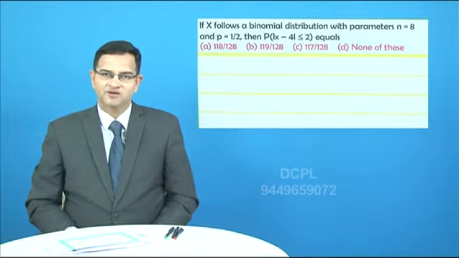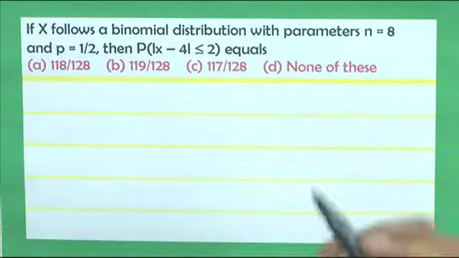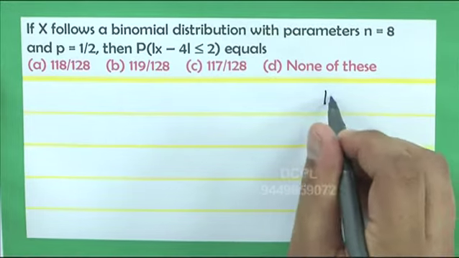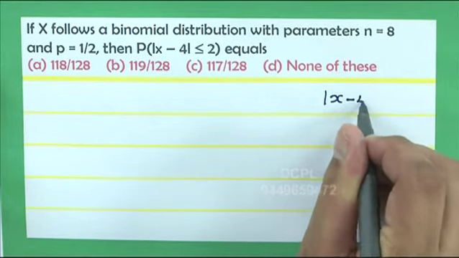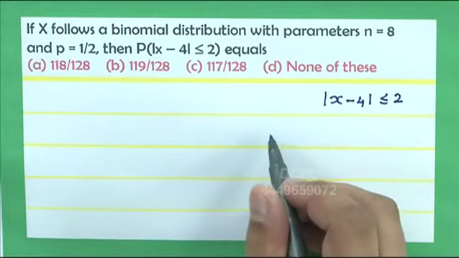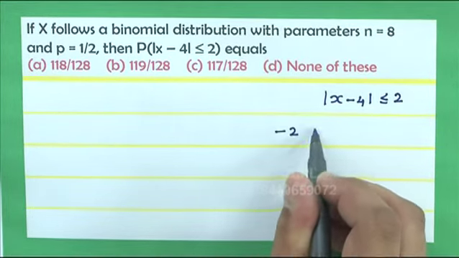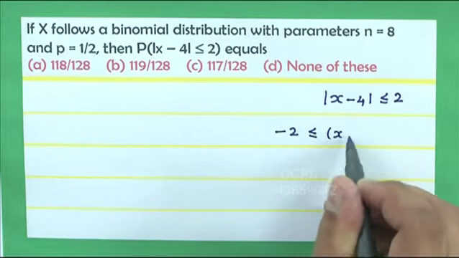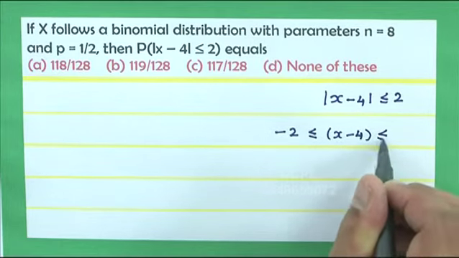Now let me write it in a form that we can understand very well. When I say |x - 4| ≤ 2, it simply means x - 4 lies between -2 and +2.